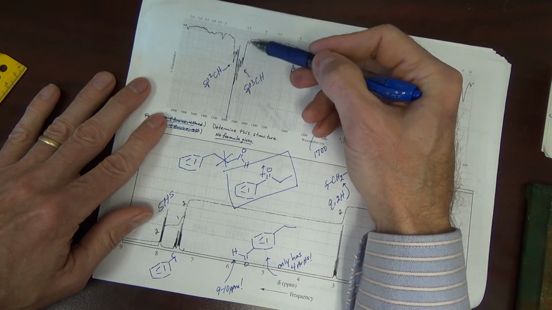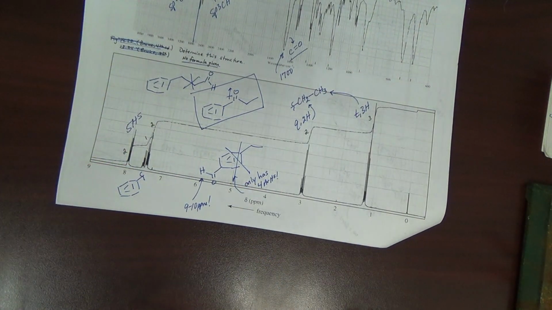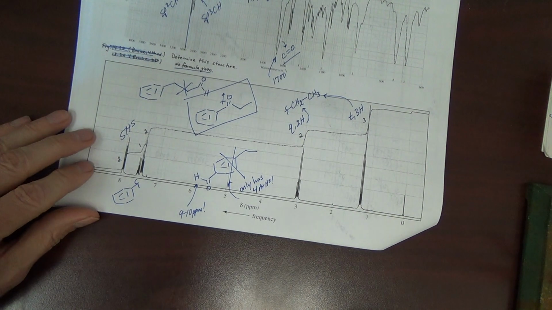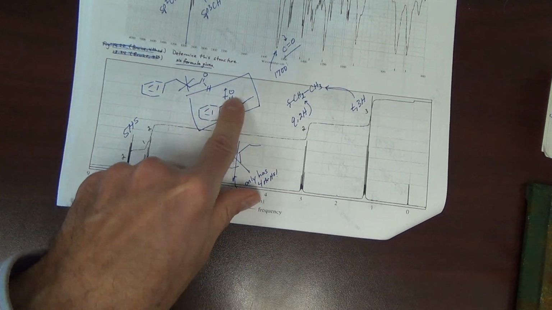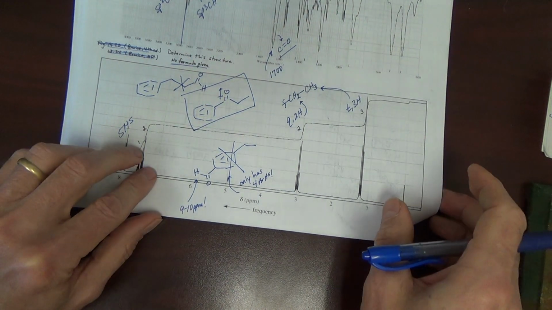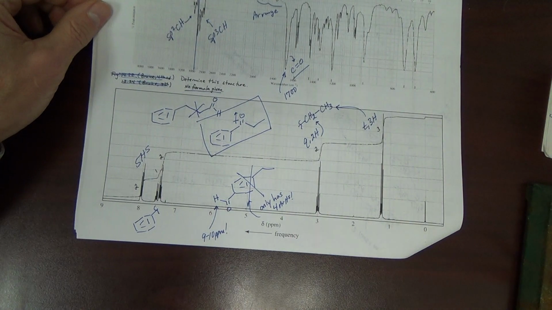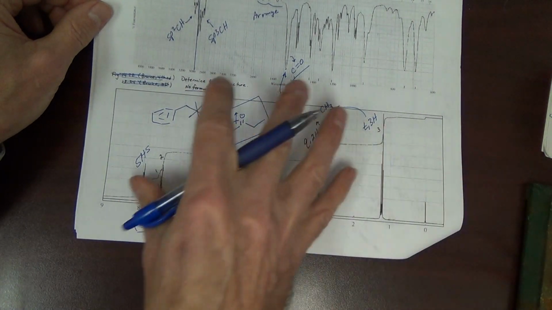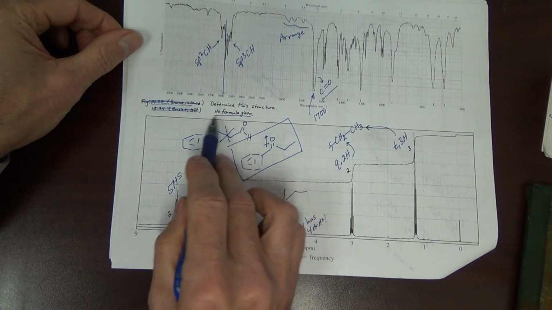The aldehyde CH, if you remember the position for that. So it's really not that structure. Instead, it's this ketone here. Hey guys, we just solved that with pretty good certainty with no formula given. No formula.